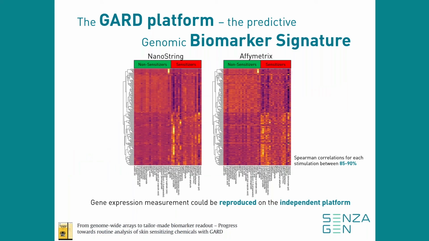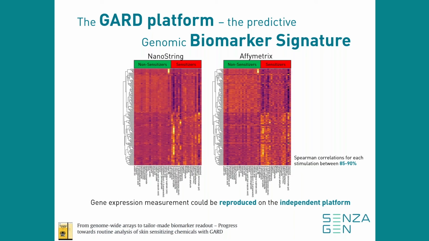What we see here is the comparison between the gene expression profile generated on the Affymetrix and also on the NanoString platform. As you can see in this figure, we have a very, very similar gene expression measurement on both platforms, and we have a Spearman correlation for each stimulation that is between 85 and 90%.